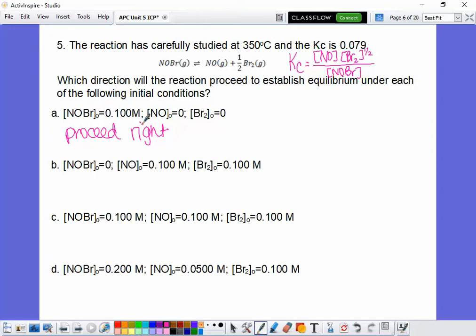What about for B? Why? Right, we have none of our reactants, so we have to proceed towards the left to make some. Okay, because remember, at equilibrium, you will always have a little bit of every single substance.